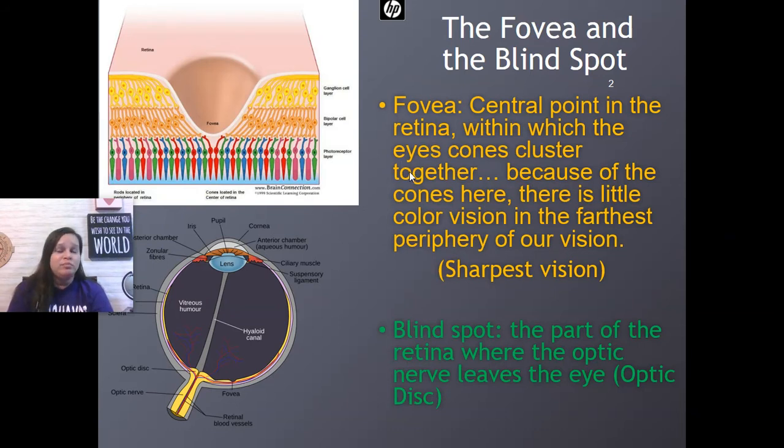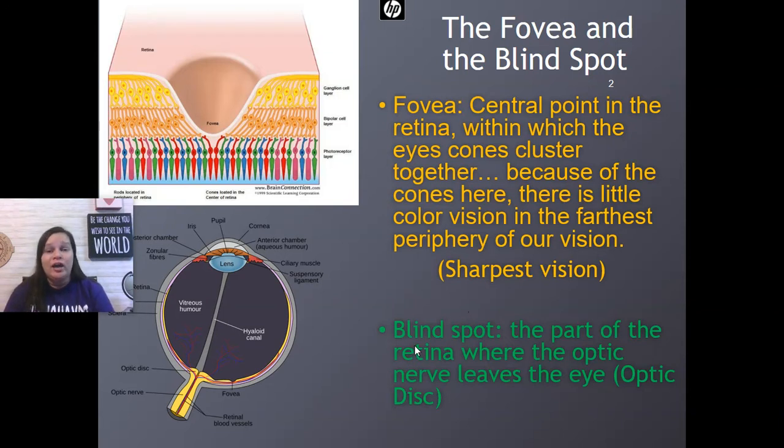So that makes it our best angle for color vision and our sharpest vision. So if you wanted to look at art or look at something you're really trying to analyze and you want to see all the colors, you want to stand directly in front of it, staring straight forward through your fovea. You don't want to be looking at it through your peripheral vision. You want to look straight forward through your fovea where you have the most cones.